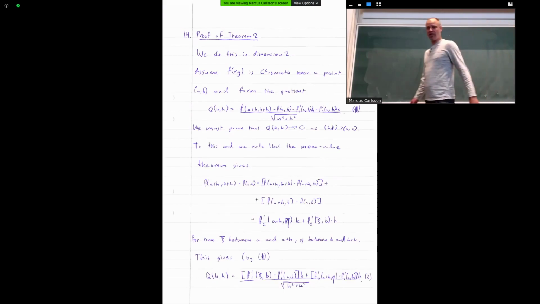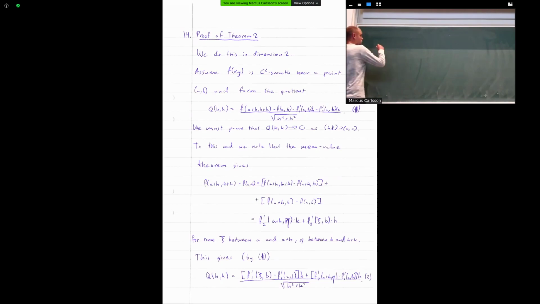So at the end of the day, differentiability at the point (a, b) boils down to understanding the difference between a small perturbation, the value at a perturbed point minus the value at the point, right?